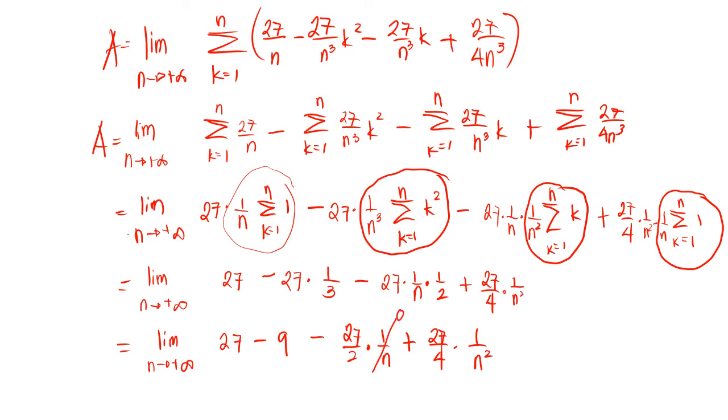Same is true for 27 all over 4 times 1 all over n squared. As n approaches infinity, 1 all over n squared will approach 0. So, 0 times 27 all over 4 is 0. 0 times 27 all over 2 is 0. So, matitira na lang po dyan is 27 minus 9, which is equal to 18. And that is the final answer.